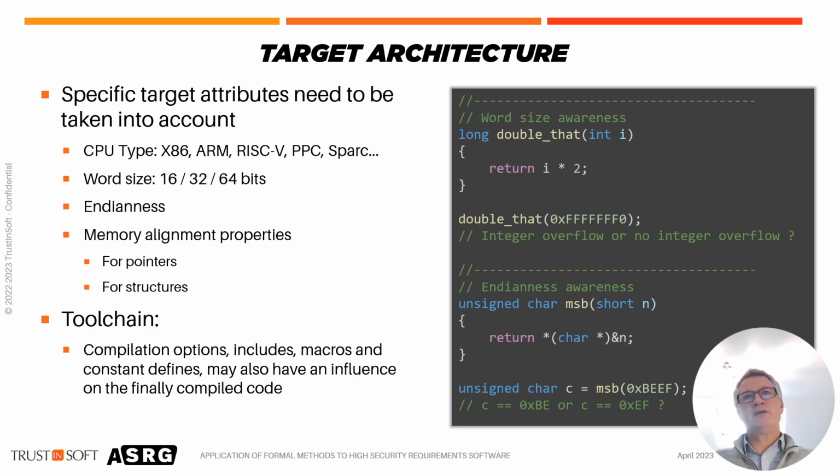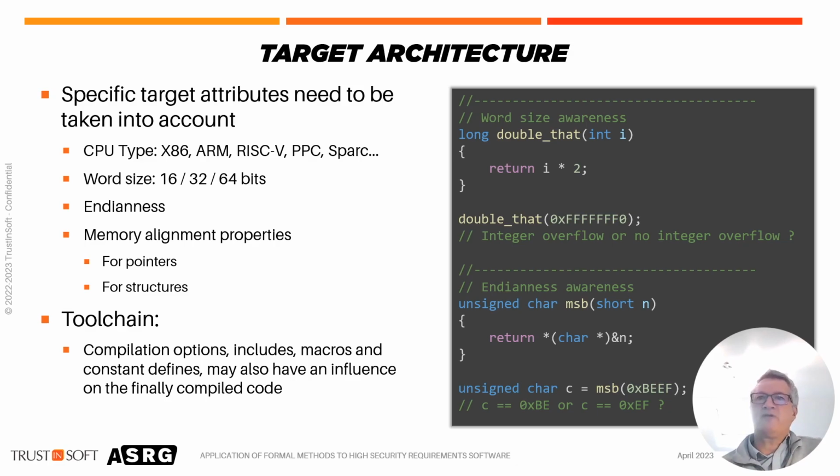The second example here is slightly more complicated. It's about endianness. I have a function MSB that provides the first character, on 8 bits, of a short.